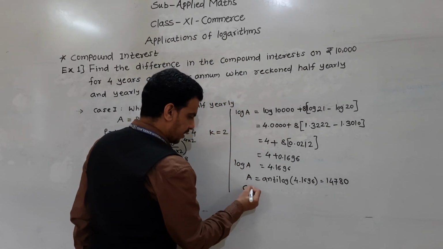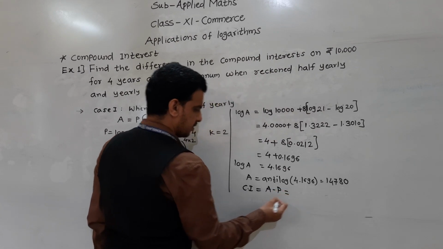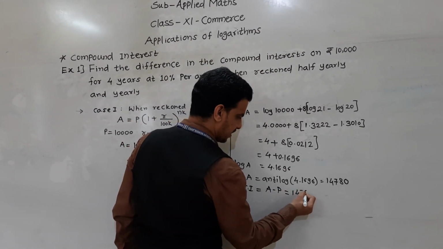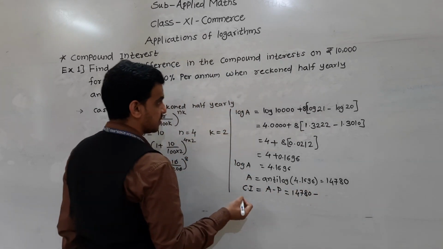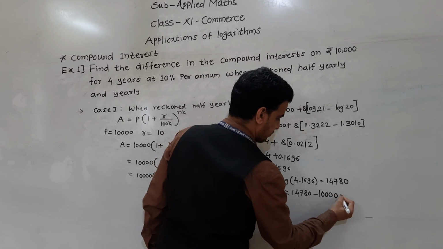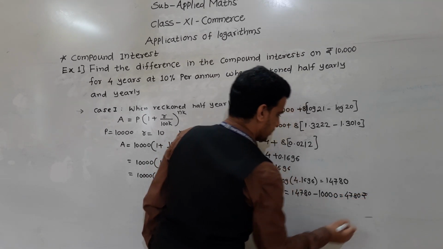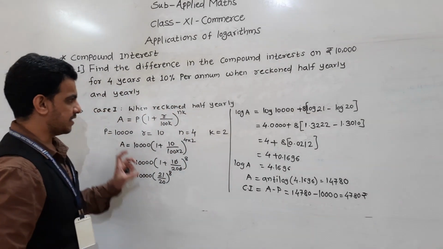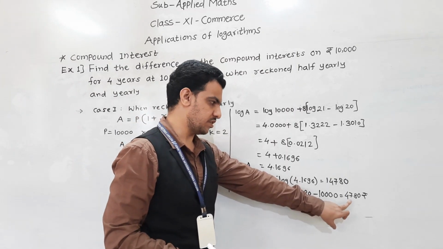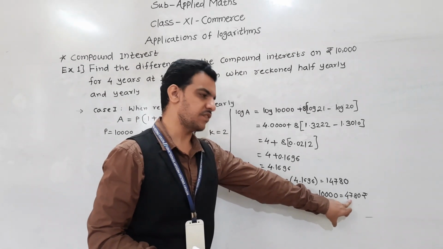Now compound interest is equal to A minus P, that is amount minus principal. So the amount is 14,780 minus the principal 10,000. So that amount is 4,780. So in the first case, when it is reckoned half yearly, the compound interest is 4,780.